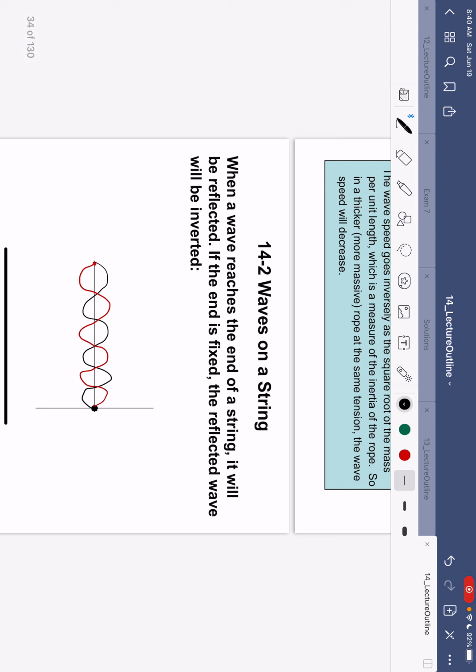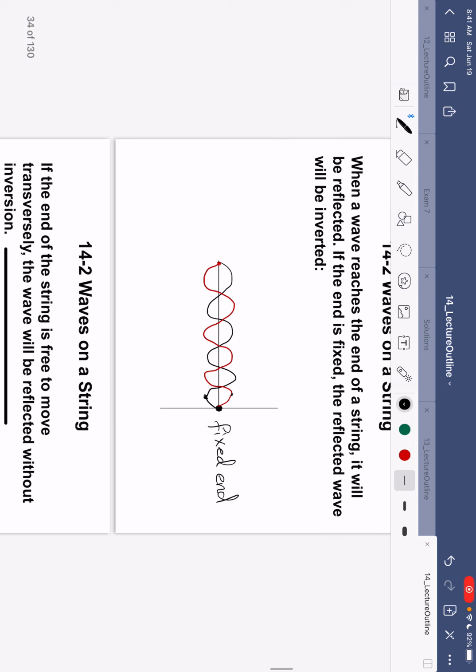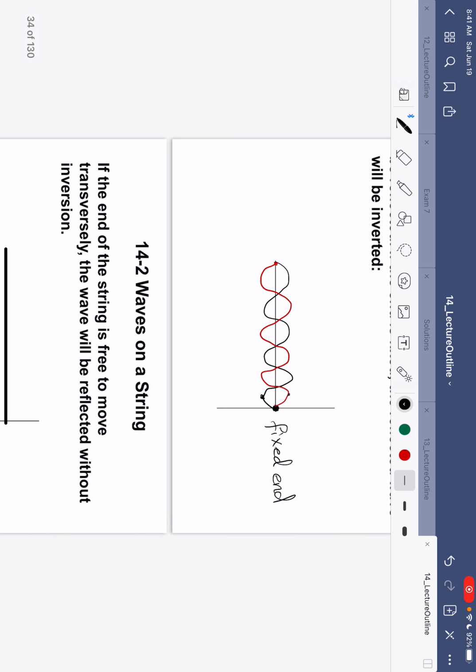Now, I can make waves in a string, and if I have here a fixed end, then the wave is going to reflect and the reflected wave will be inverted. Inverted means if it was hitting with a trough, then when it reflects, it's going to be a crest. And here we can form what are called standing waves.